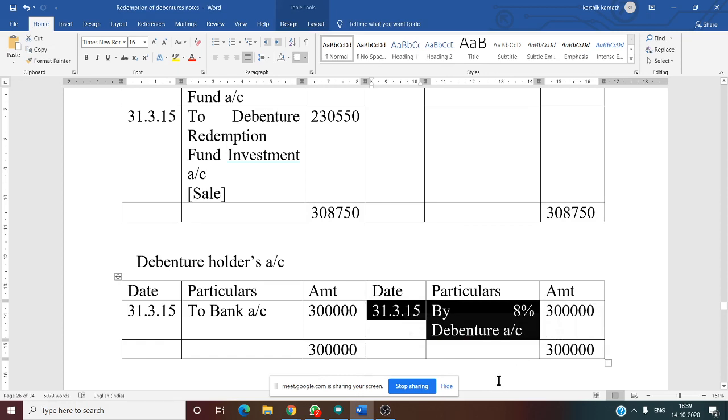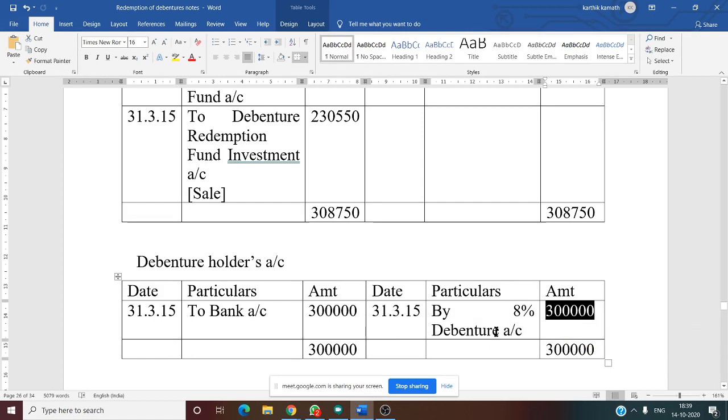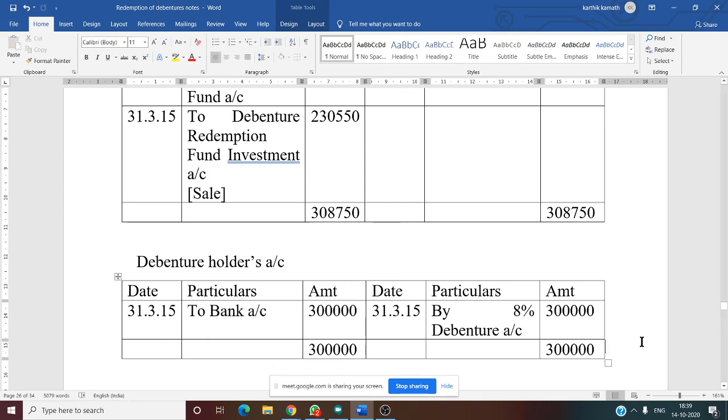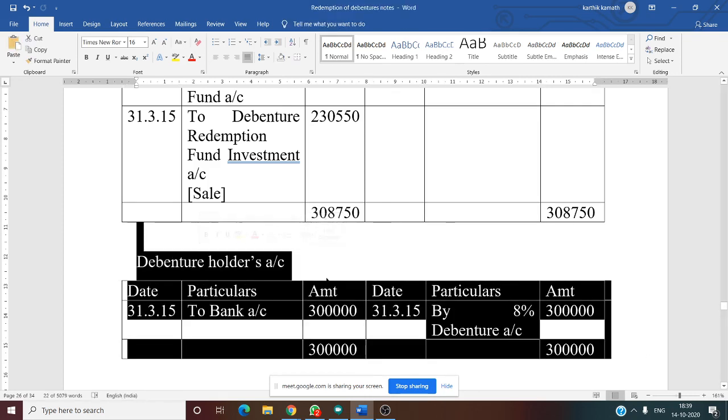That means the company is going to pay 3 lakh to debenture holders, by 8% debenture 3 lakh. And on the debit side, payment made to debenture holder. Whenever there is a payment made to debenture holders, the entry will be debenture holder account to bank account, 3 lakh. So cash goes out from the bank account and is paid to debenture holders. So this account is also closed. The fifth account, the debenture holder account, is also closed.